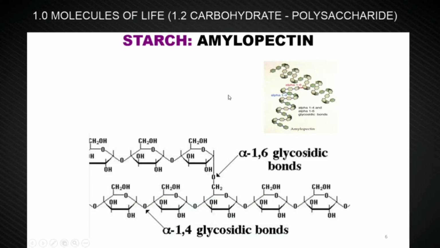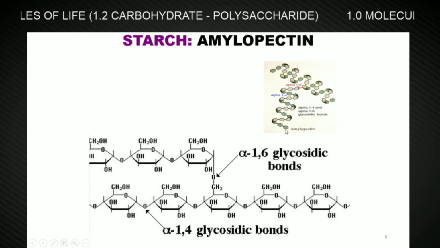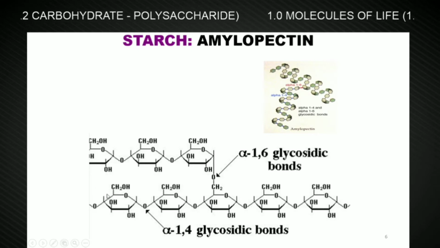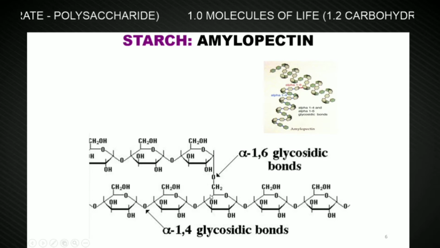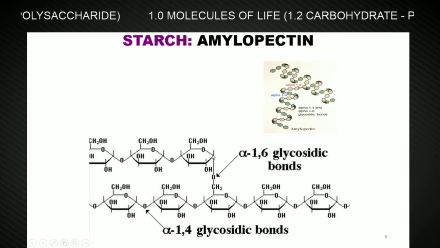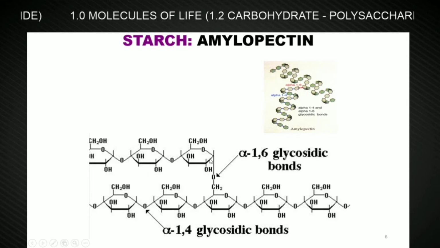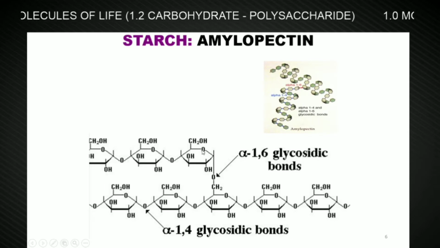For amylopectin, amylopectin is a branched chain. So the monomer is the same, which is alpha glucose. But if you can see here, there is a branch. And then the branch involves carbon number 1 and carbon number 6 of the alpha glucose.